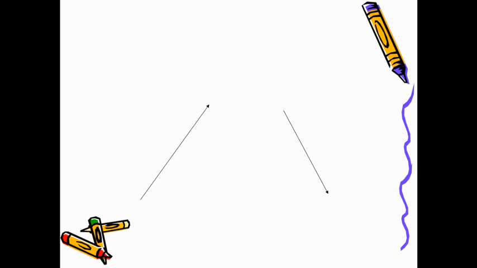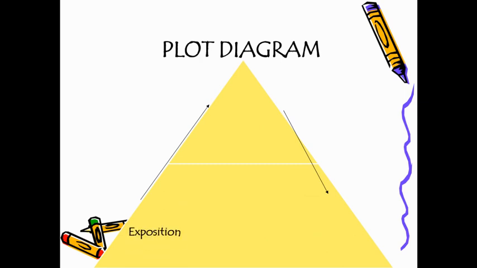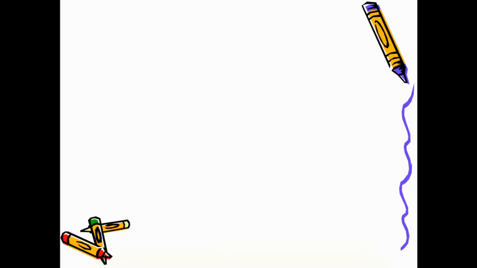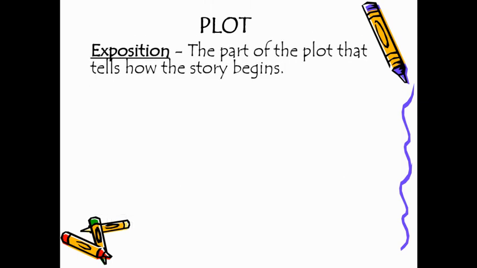In class we use a triangle or a pyramid to illustrate this. This is Freytag's pyramid. You have exposition, rising action, the climax, falling action, and your resolution. The entire plot is always built around conflict. Well done.